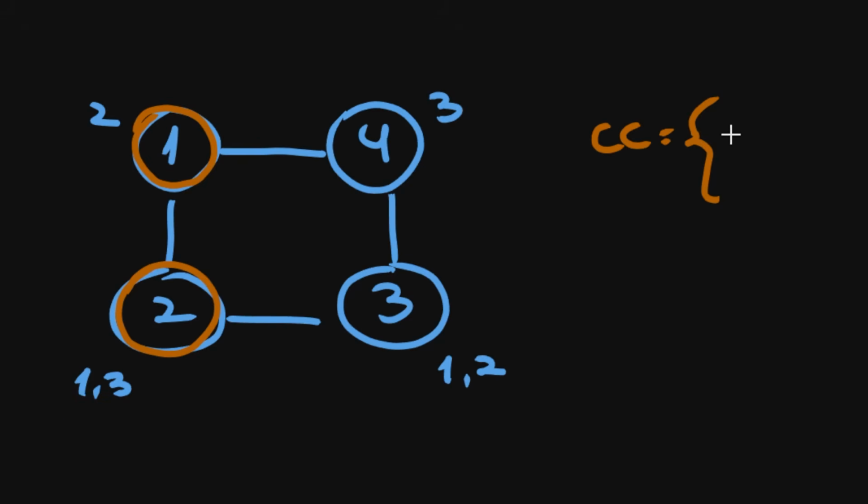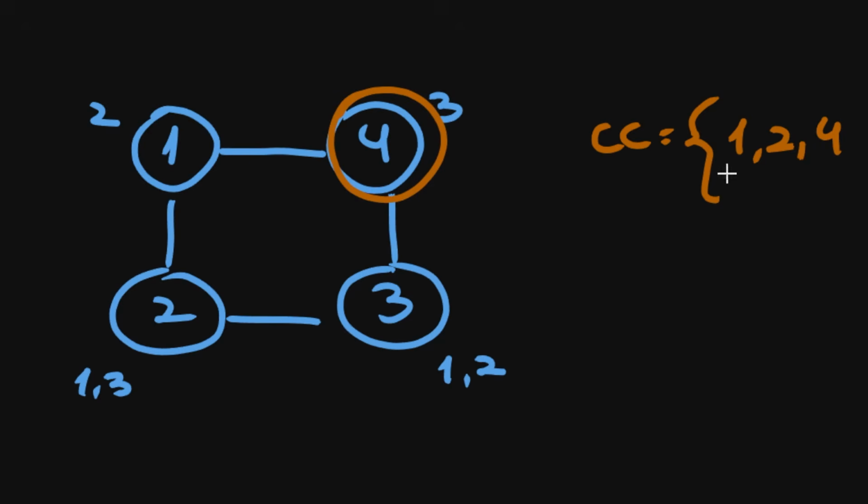So we need to add here the current user, number 1, and we need to add this user also, number 2. Now we are comparing these users, and they cannot communicate with each other because they speak different languages. We already have number 1 here, so we only add 4. Next we are here.